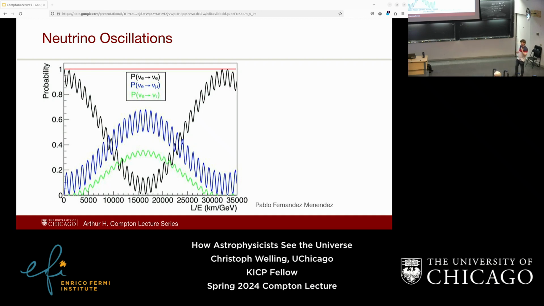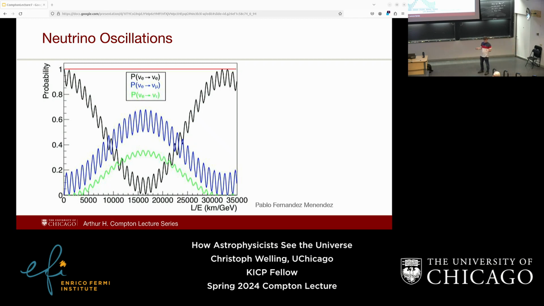So if neutrinos have mass, then a way we could explain the Homestake-Meyer experiment and also the atmospheric neutrino problem is that some of these electron neutrinos have turned into muon neutrinos and tau neutrinos, and then we cannot see them anymore.